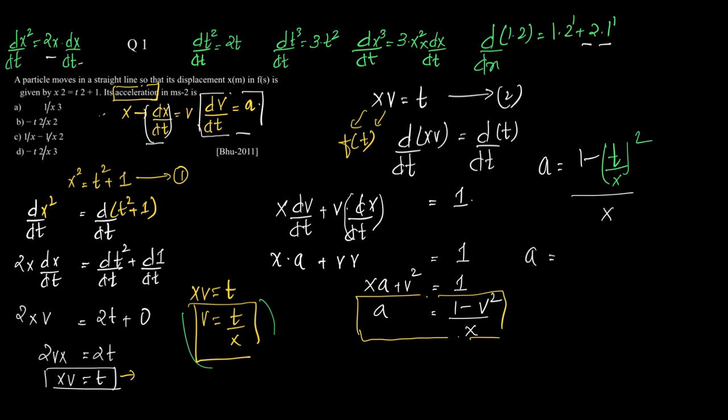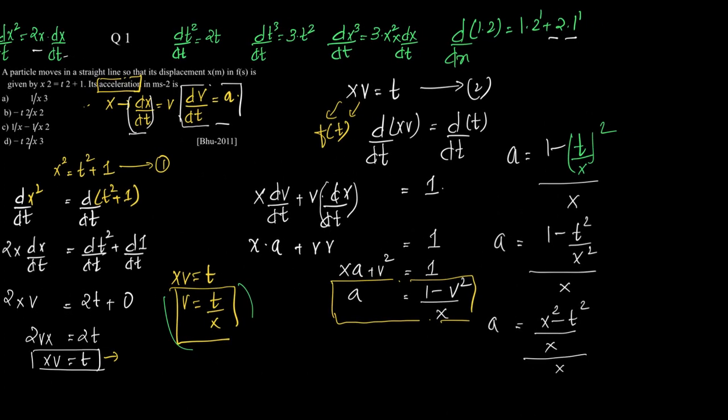So a becomes, let me not skip the steps, 1 minus t square by x square, the whole upon x, which means a is equal to x square minus t square by x square, the whole upon x.